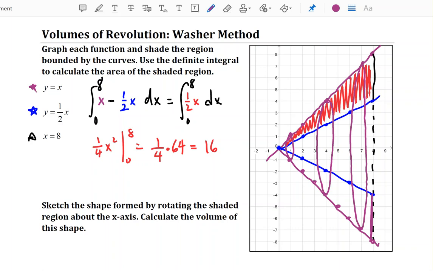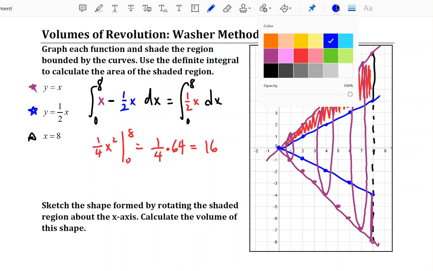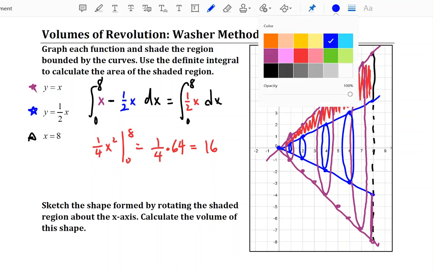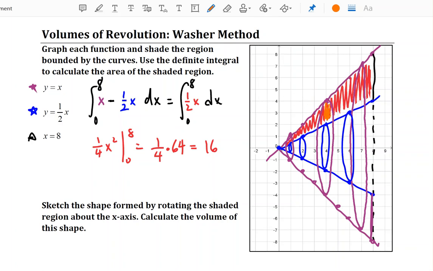However, we've got this purple cone that's graphed here, and then we see as we start thinking about the circles formed by the blue lines, we get this other cone that's graphed as well. And it's only the region that lies in between the two that's going to be filled in as it rotates around, because we'll notice everything between the blue graph and the x-axis is not part of our shaded region.